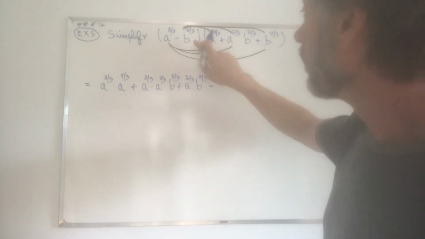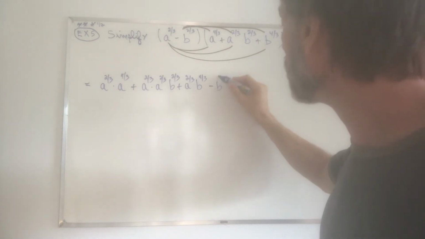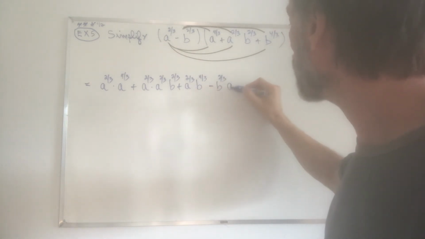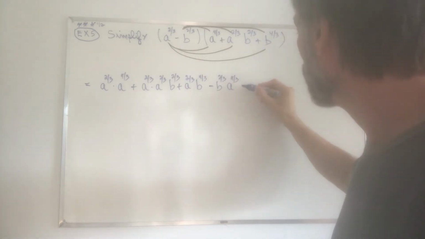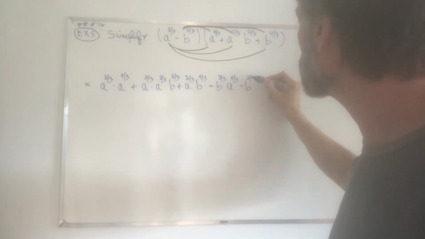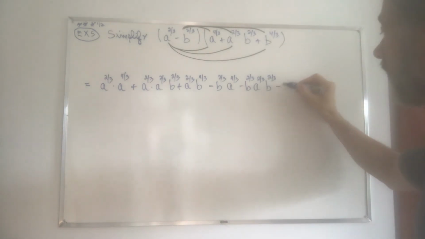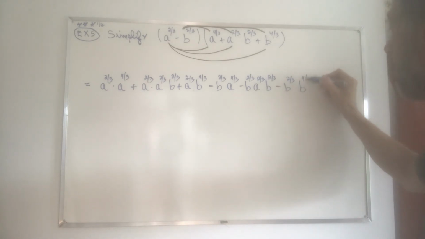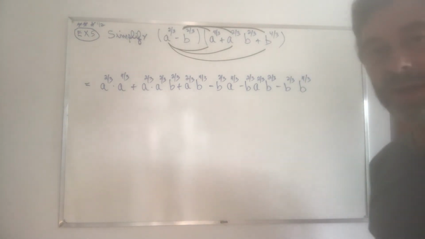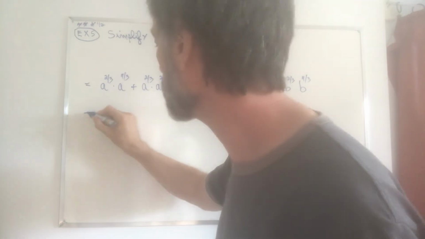Good, now we go last term, minus b to the 2/3 times a to the 4/3, minus b to the 2/3 multiplied by a to the 2/3, b to the 2/3, et finalement minus b to the 2/3 times b to the 4/3. This is where we are going to be practicing our rules of exponents.